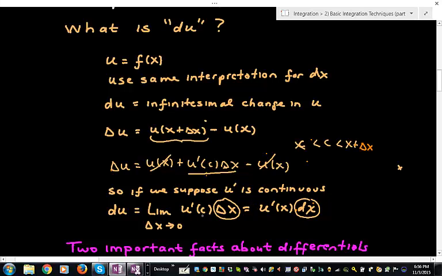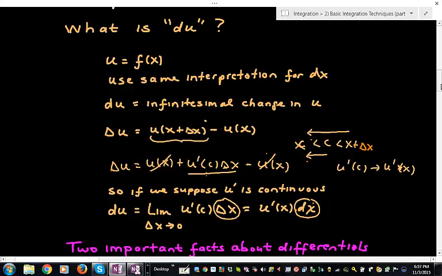And notice by the squeeze theorem, as delta x goes to 0, x plus delta x goes to x. Therefore, c also has to go to x. And since the derivative is continuous, it follows that u prime of c must converge to u prime of x.